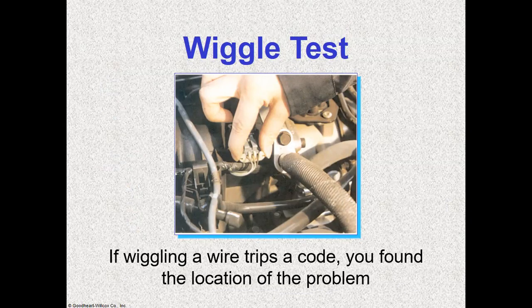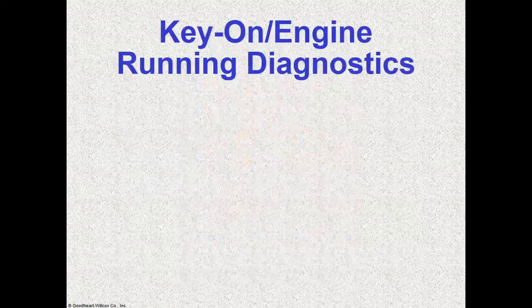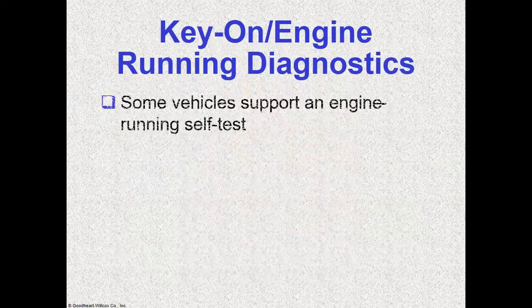So if wiggling a wire triggers a code, you found the location of the problem.